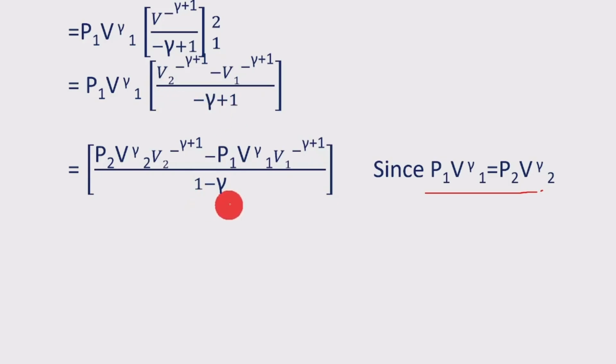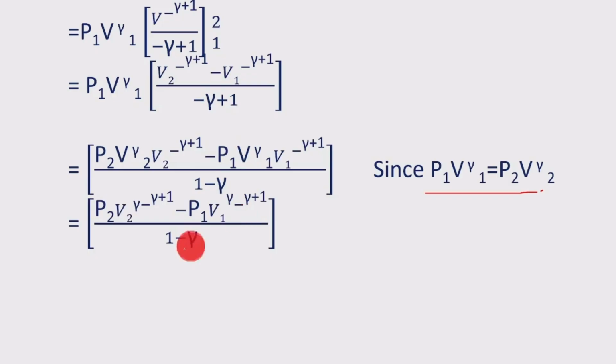Then here P2 and V2 raised to gamma minus gamma plus 1, and similarly minus P1 into V1 raised to gamma minus gamma plus 1.